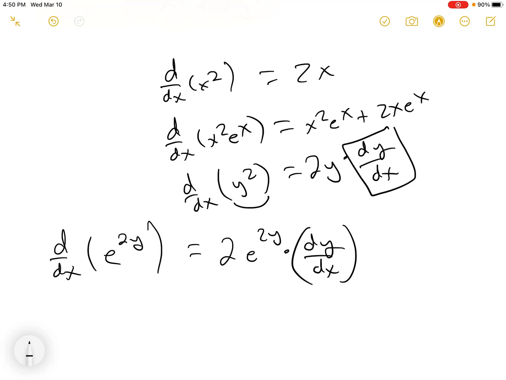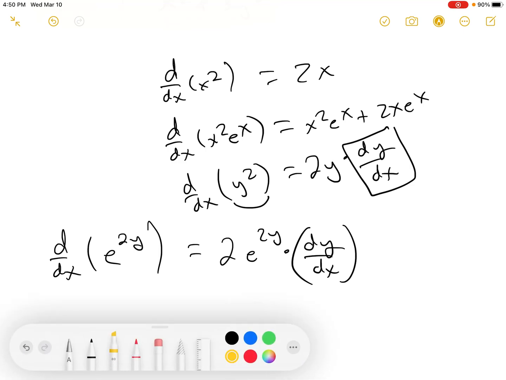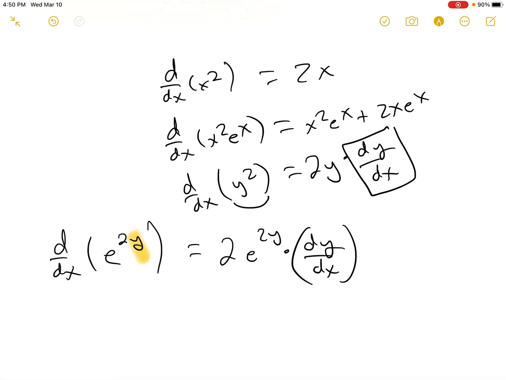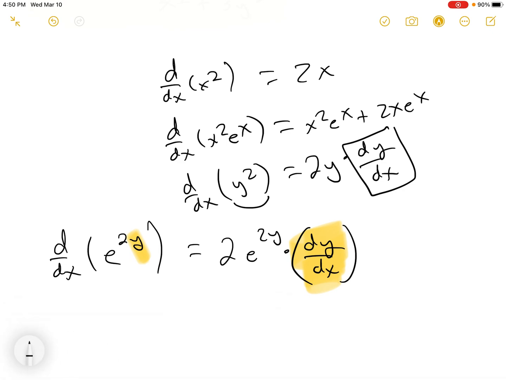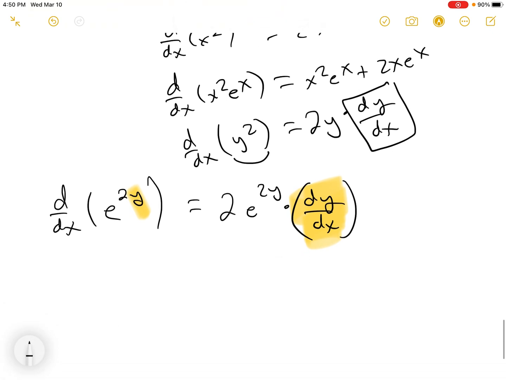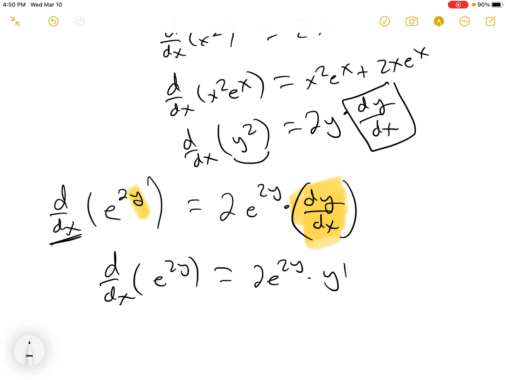Right, and all I did was pretend for a second that that was an x, and I differentiated it, and then I slapped on y prime or dy dx. Right, and I'm only using dy dx because I'm using d/dx over here. It's even faster, but slightly illegal to go 2e to the 2y times y prime. Right, same but different.